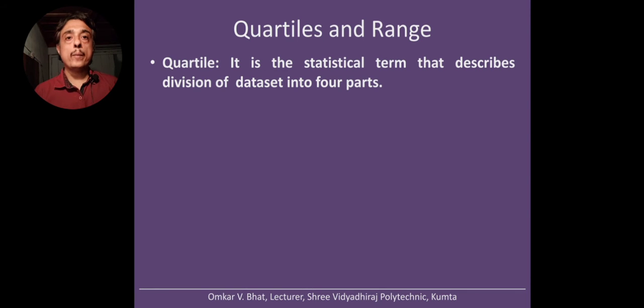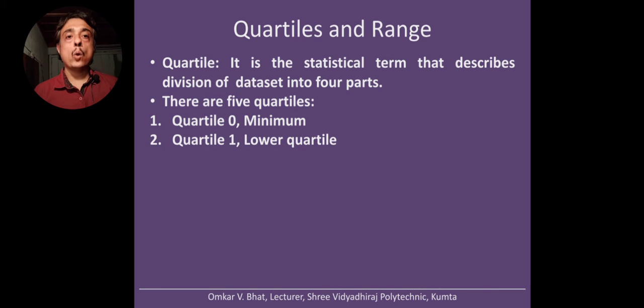Okay. So how many quartiles are there? There are 5 quartiles. Which are those? First one is quartile 0, which is called as minimum, and second one is quartile 1, which is called as lower quartile.